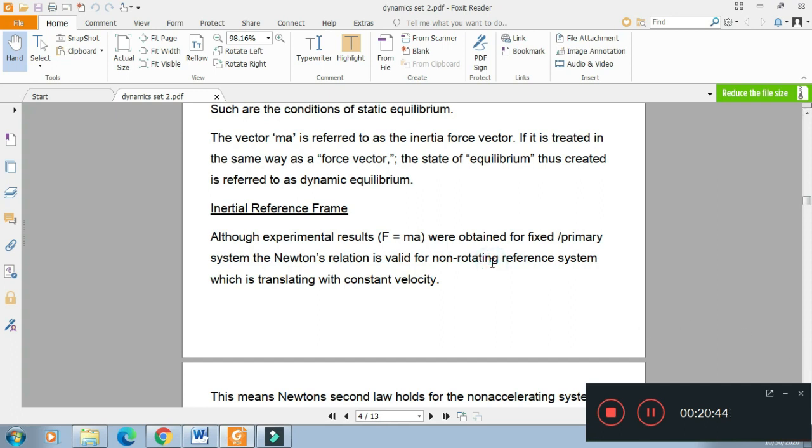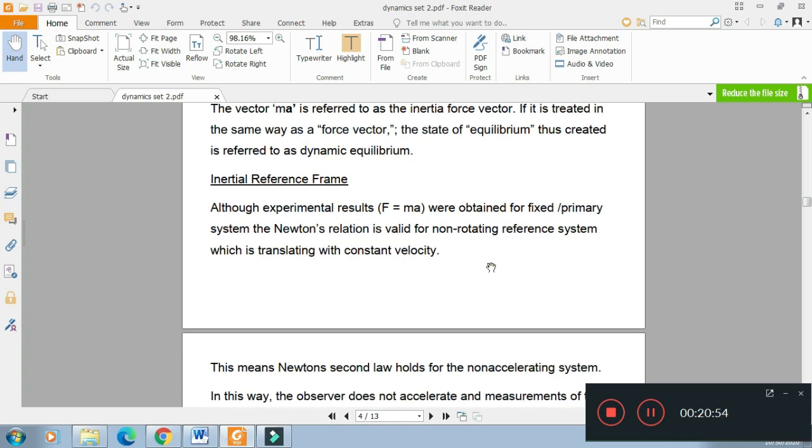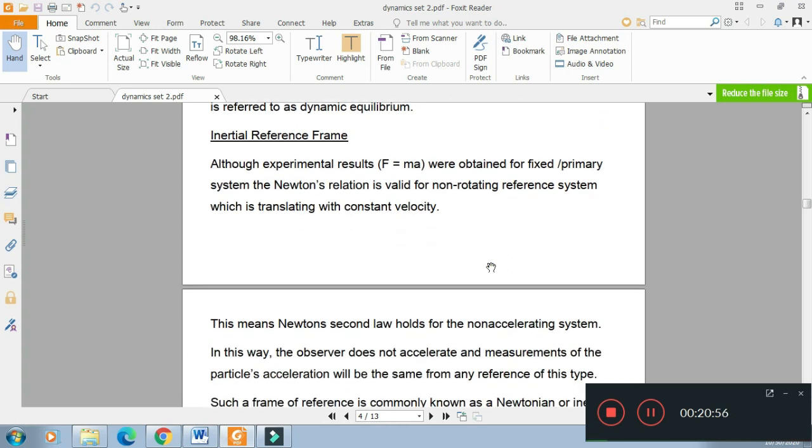If the frame is translating but accelerating or increasing speed, or it is rotating, then it will not be an inertial frame of reference, and in that case the equation of motion will become invalid.